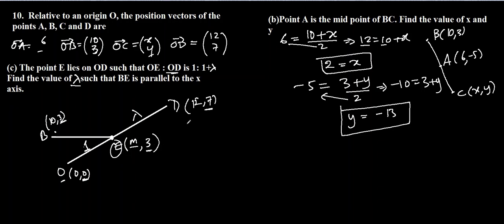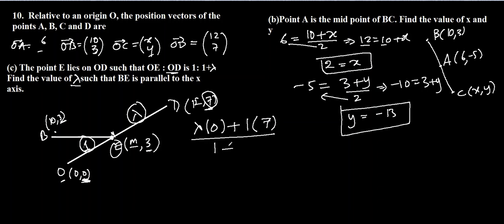The ratio of one part, which is from E to D, which is lambda in this case, multiplied by the y coordinate of the opposite point, which is 0, plus the ratio of the other side, 1, multiplied by the y coordinate of the other point, 7, divided by the sum of the ratios, which is 1 plus lambda, is equal to the y coordinate of the point that is dividing this line into those ratios.